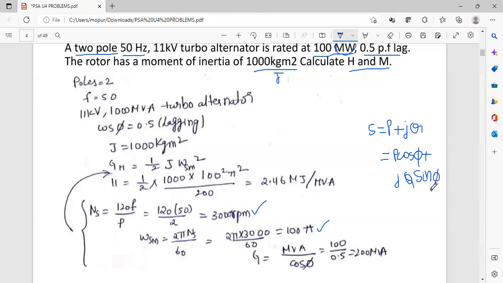S is equal to P cos φ. So what is P? S by cos φ.